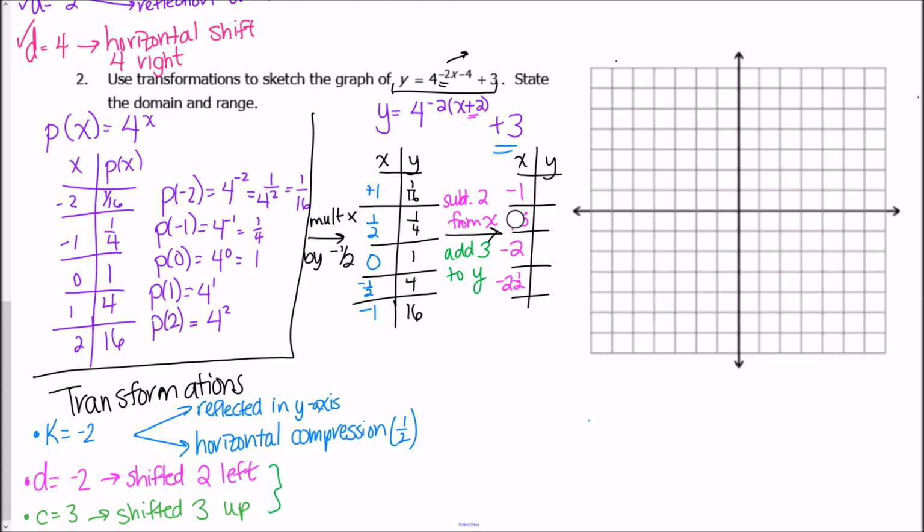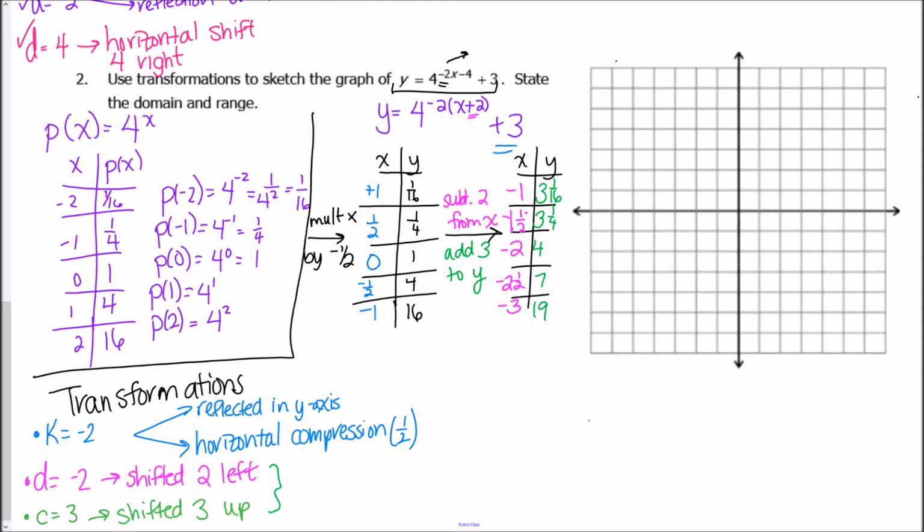Sorry, I'm going to be consistent and keep them all fractions. Then subtracting 2 from negative 1, I get negative 3. When I add 3 to all of my y values, I get 3 and 1/16, 3 and 1/4, 4, then 4 plus 3 gives me 7, and 16 plus 3 gives me 19.